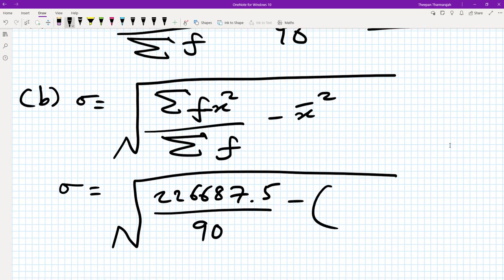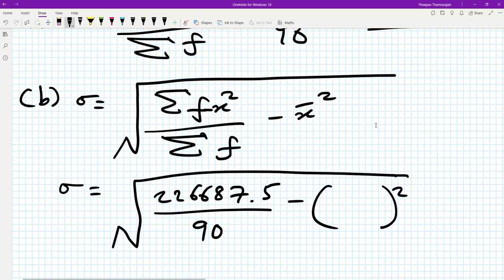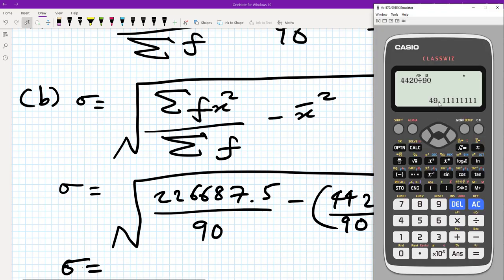Now be careful, do not use a rounded value. It must be the true value. So we're going to do 4420 over 90, and then we're going to round our solution to 3 significant figures.